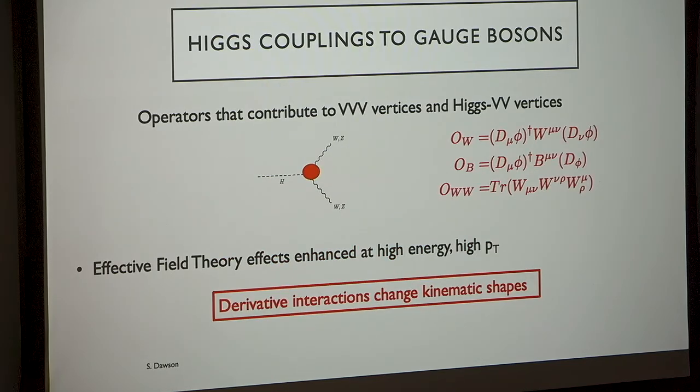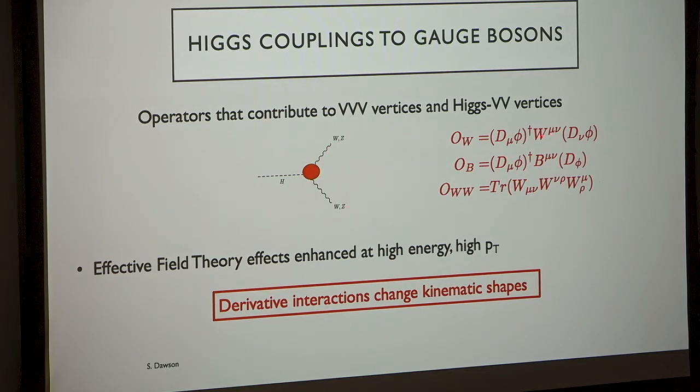Okay, so I mentioned that with this approach, you can't just use one sector of the theory, and let me illustrate this with the Higgs couplings to gauge bosons. So I want to couple the Higgs to WW pairs. So there are two operators here that affect the Higgs coupling to WW pairs, or to ZZ for that matter.